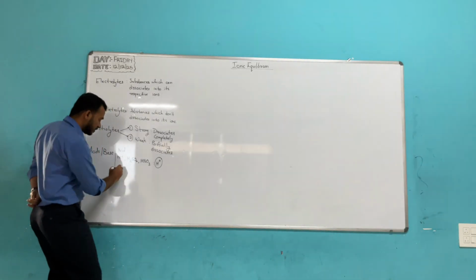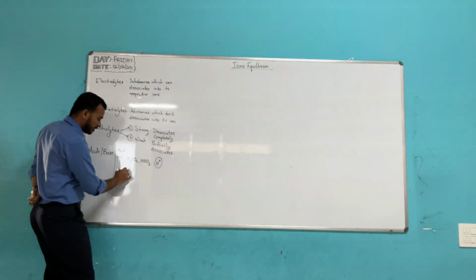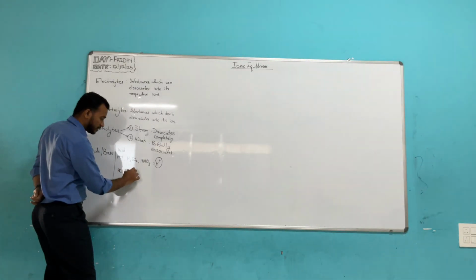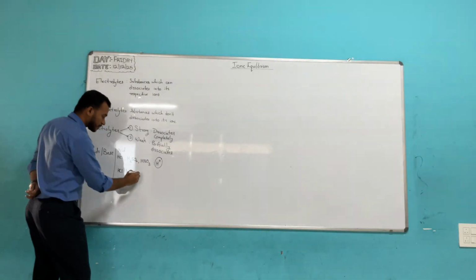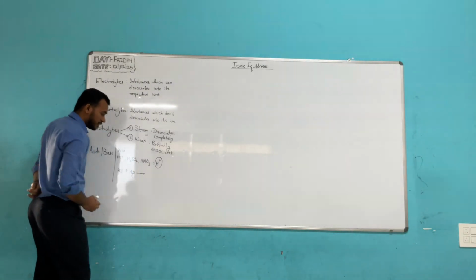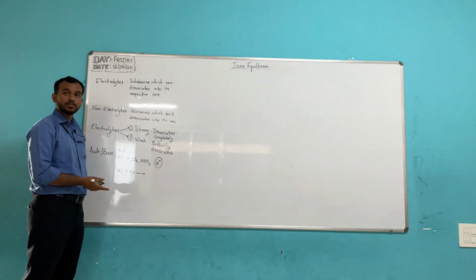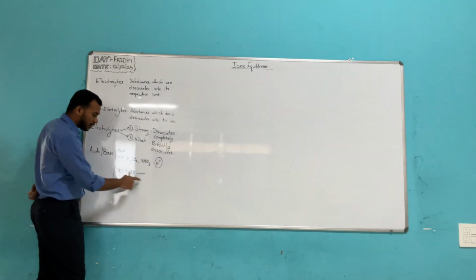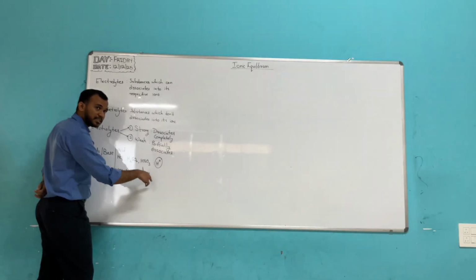Okay, suppose if I take an example, suppose HCl is dissociating in water. It will dissociate completely. Why? Since it is a strong electrolyte, it will dissociate and form H plus and Cl minus.